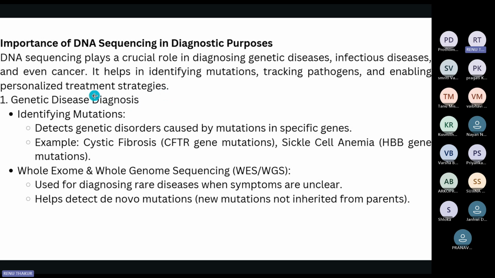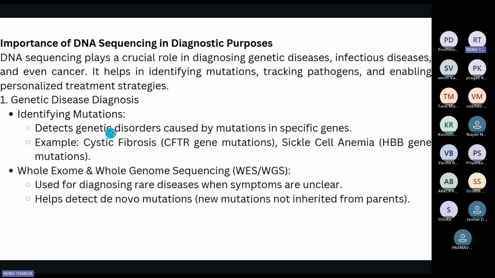So the first importance is, as we talked about, genetic disease diagnosis. It can detect genetic disorders which are caused by mutation, which is any variation in any of the nucleotides. Suppose a nucleotide has been substituted by another one, or maybe it's missing from the point where it should be, okay?